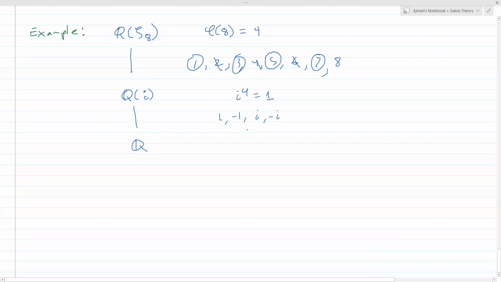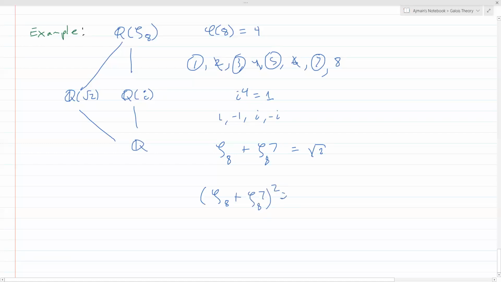And it's also true that this field contains Q adjoin square root of 2. Well, why? Well, the claim is that zeta 8 plus zeta 8 to the 7th is equal to square root of 2. I guess we could just carry out this thing, squaring zeta 8 plus zeta 8 to the 7th.